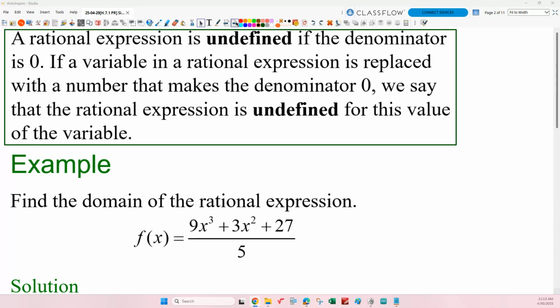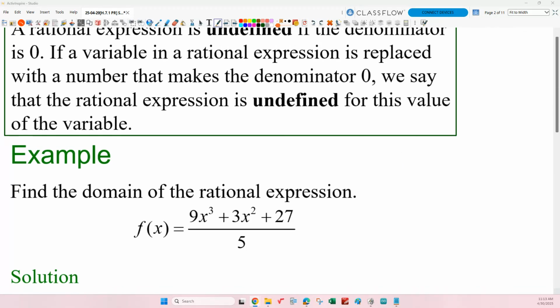So the domain is where the values of x are on the graph essentially, but it is undefined when the denominator is equal to 0. So it's usually written as x cannot equal some number.